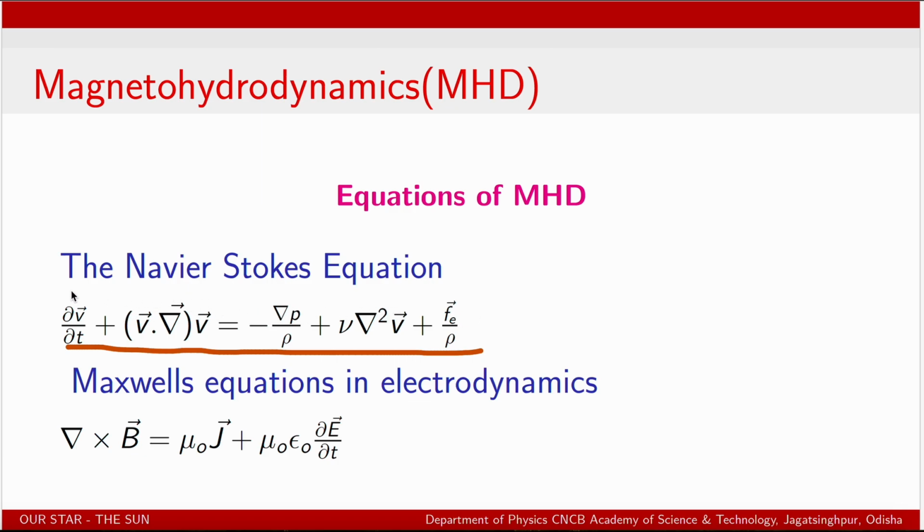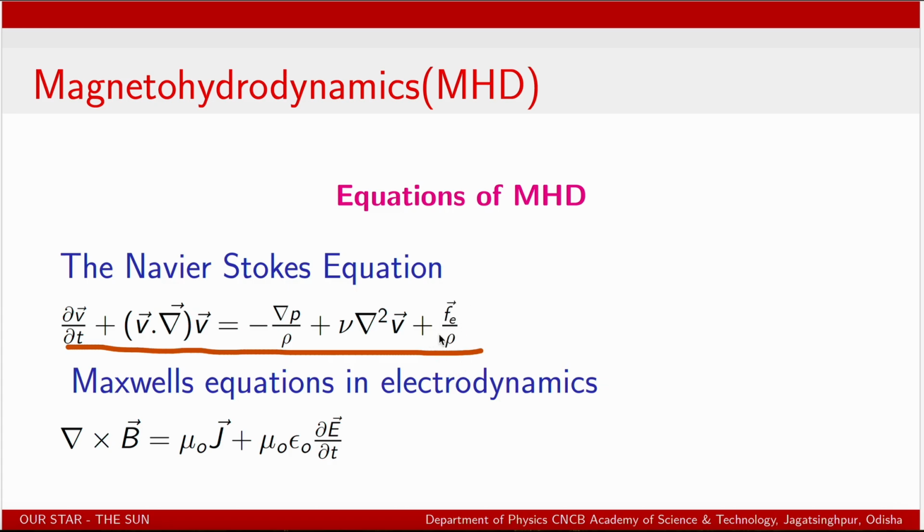This part is the inertial term, that for a single particle you write as m dv/dt, and on the right hand side is the force term. The force term consists of the pressure gradient, then the viscous force, this is the viscosity term, and then you have the external force.